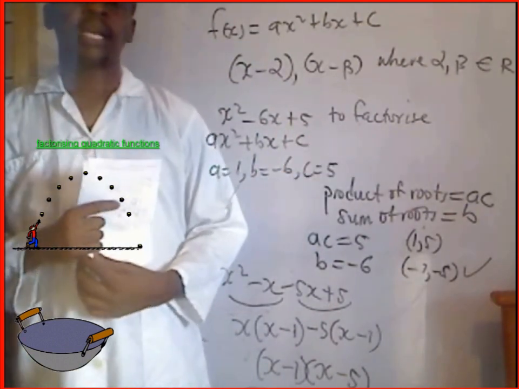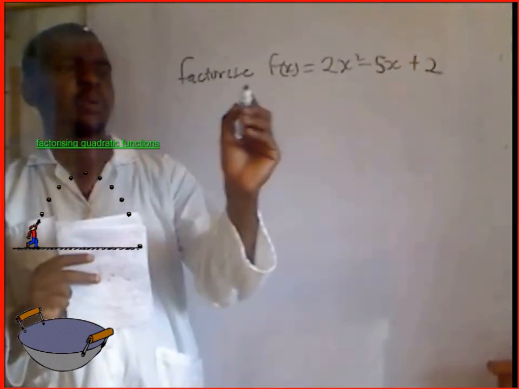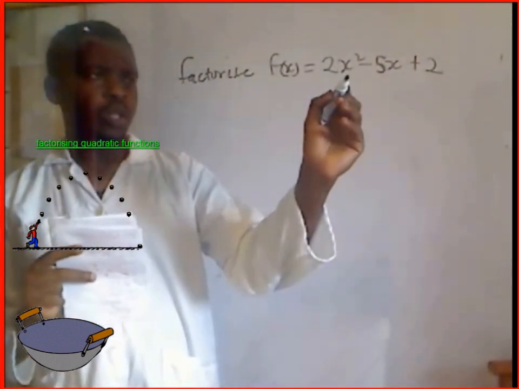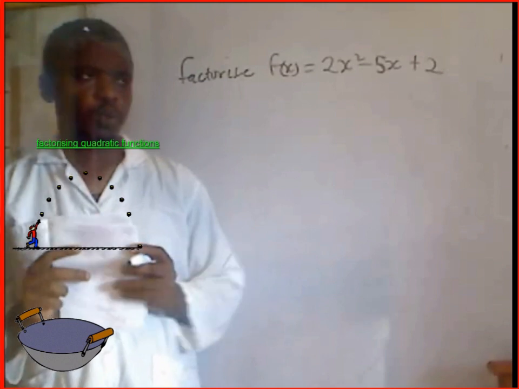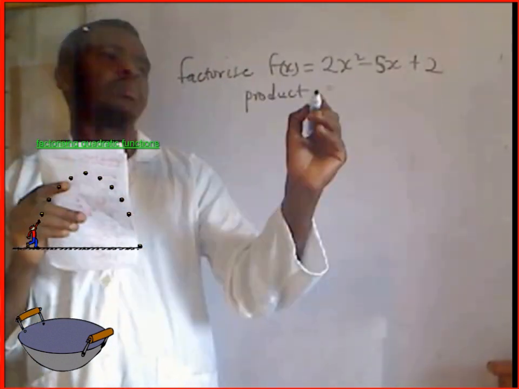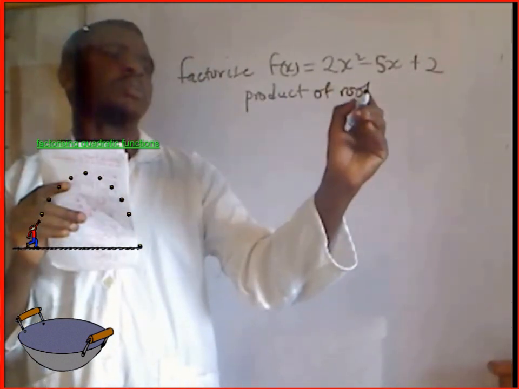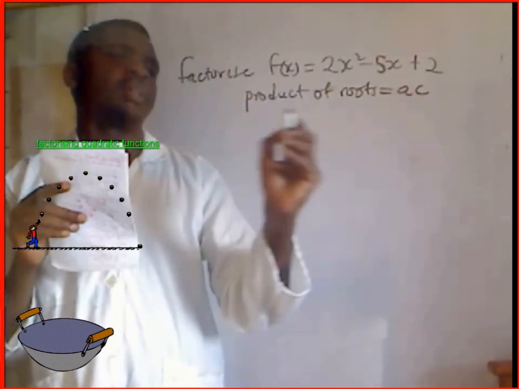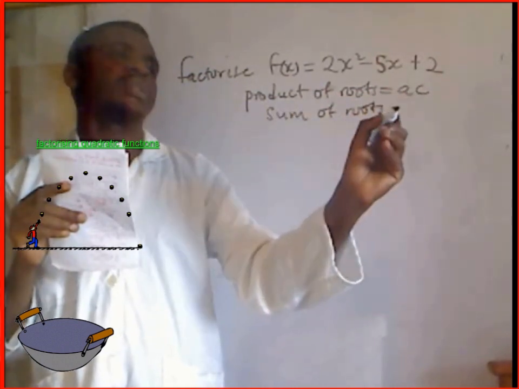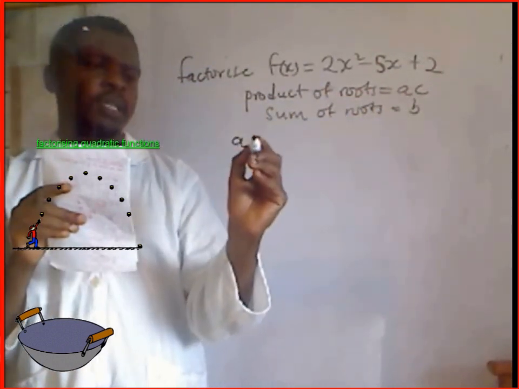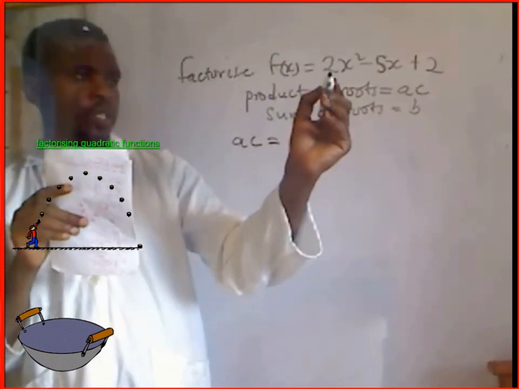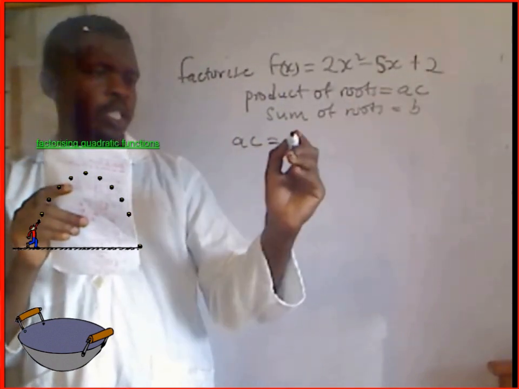Let's look at another example. Factorize f of x is equal to 2x squared minus 5x plus 2. Now let me look at the product of roots is equal to ac, and the sum of roots is equal to b. So what is ac here? This is 2 times 2, which gives me 4.